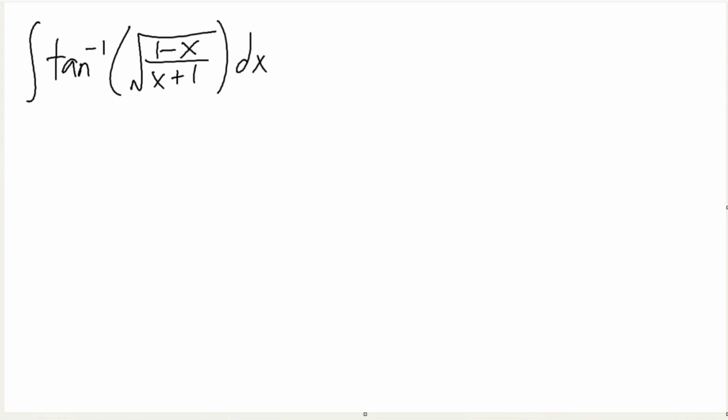So this looks very tricky. I would probably need this to be tangent theta of some sort. But what should x be in order for that to happen? Let's see. Aha! Consider x equal cosine 2 theta. Let me show you why.